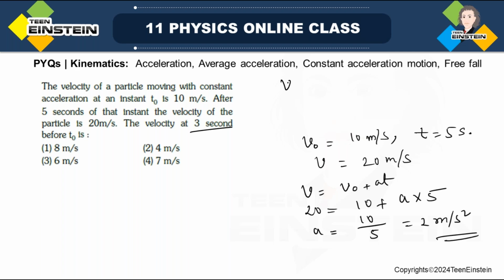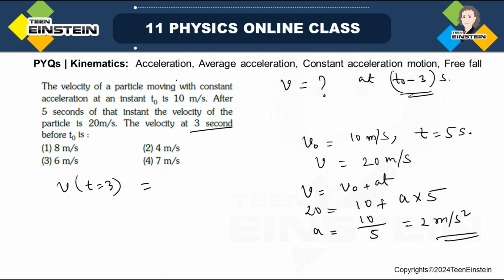The question is you have to find the velocity at t0 minus 3 seconds. I can do one thing. Let me find out the velocity at t equal to 3 seconds.